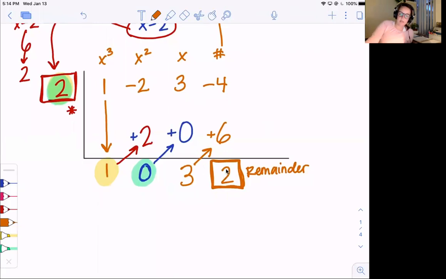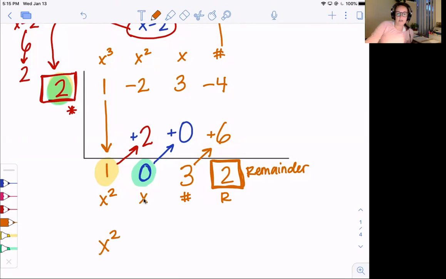This is my remainder. This is my number by itself. These are my x's, and this is my x squared. So when I write my answer, I'm going to say, okay, there's 1x squared.